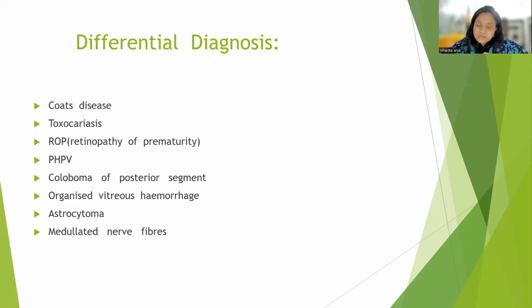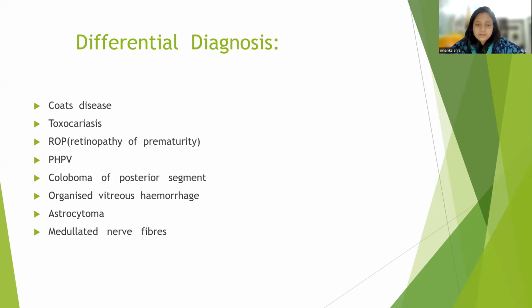In Coats disease, a whitish, raised mass is seen, but there is more vascularization of the vessels. Vitreous hemorrhage and intraretinal hemorrhage are also present in Coats disease, but not in retinoblastoma. In toxocariasis, there is chorioretinal atrophy in the retina, a round, uniform, oval-shaped atrophy, which mimics a mass in the retina.